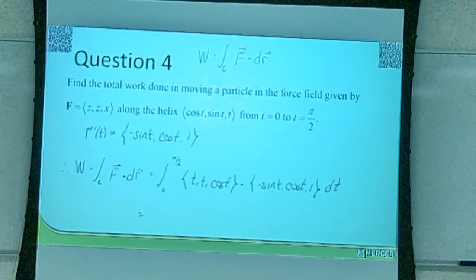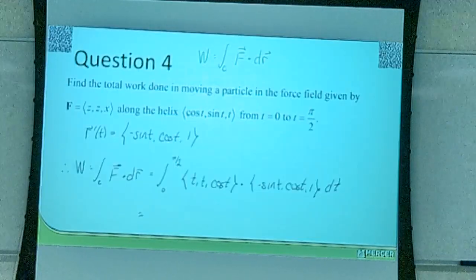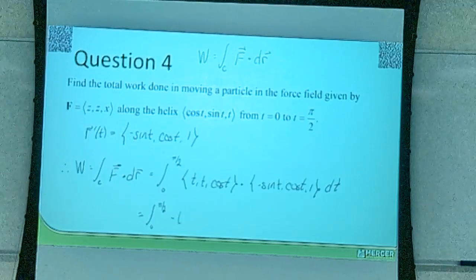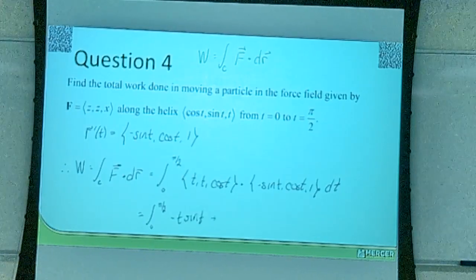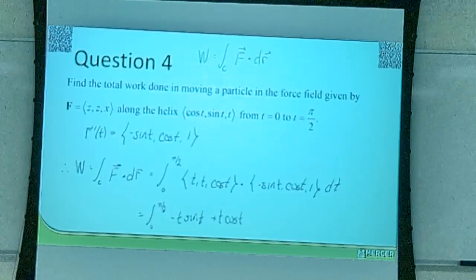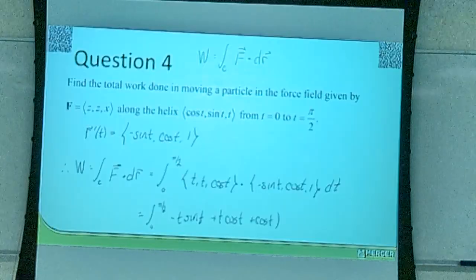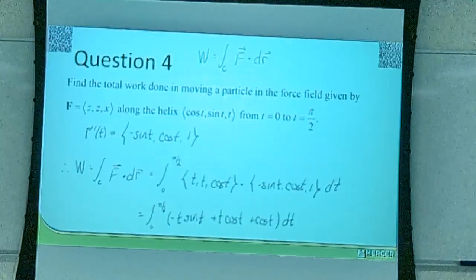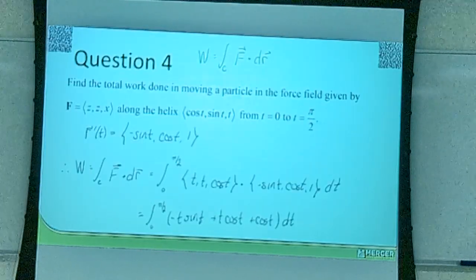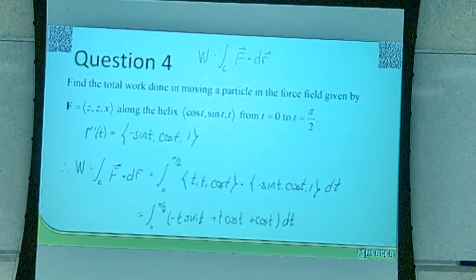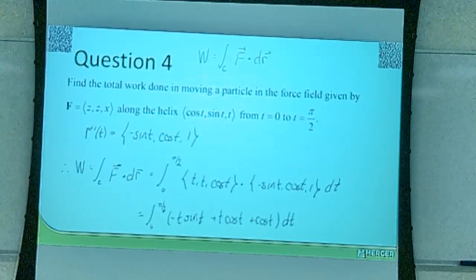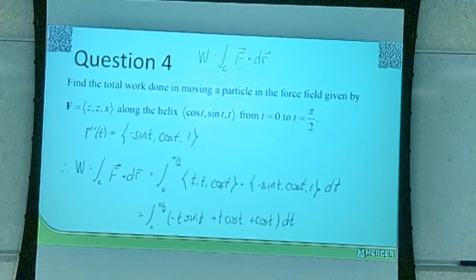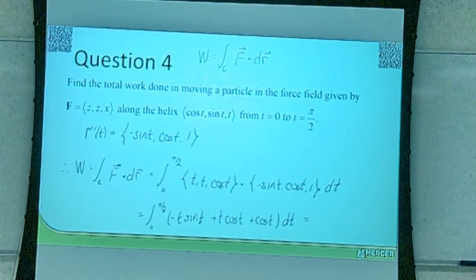That is going to give us the dot product: negative t sine t plus t cosine t plus cosine t, dt. To do that by hand, you would have to do 2 integration by parts from here. And I'm not doing that.